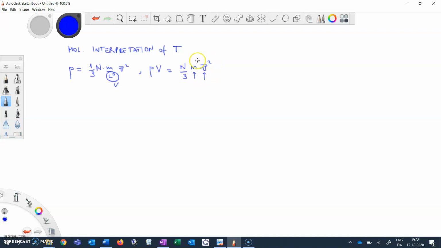So in order to have the kinetic energy, I just have to multiply by a half here and here, and then I have to move the 3 to the left-hand side. So this becomes 3 divided by 2 times PV, which is equal to N times half m v bar squared.